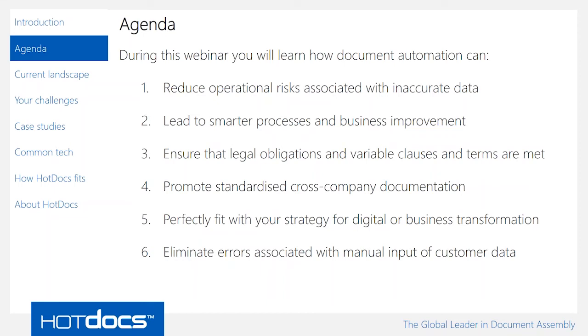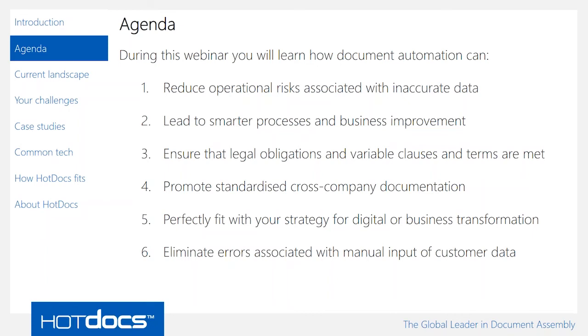And this agenda slide, during this webinar, you will learn, I don't want this to be a teaching thing, this is more of a conversation and an overview of the experience that we've had about how we can reduce operational risks associated with inaccurate data, leading to smarter process and business improvement overall within different processes, ensuring that legal obligations and variable clauses and terms are met within your documentation as you look to produce different types of documents for different purposes.